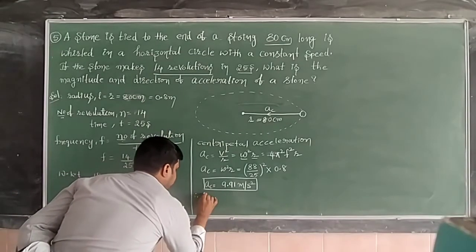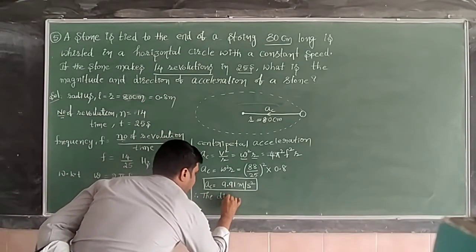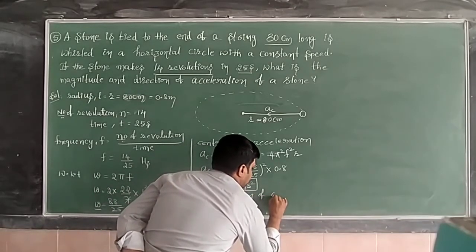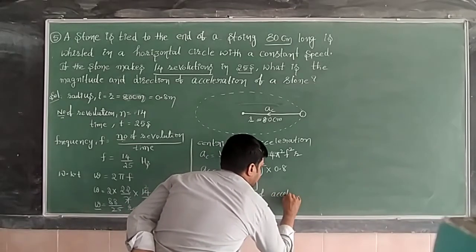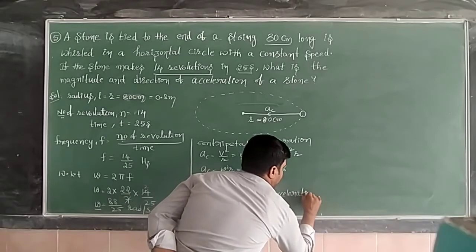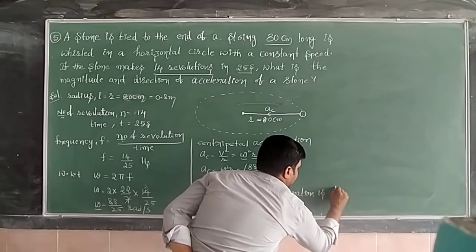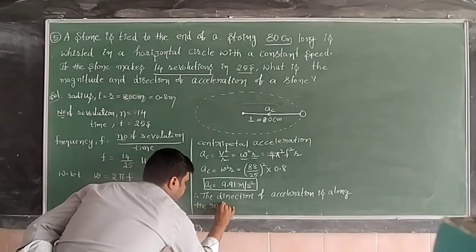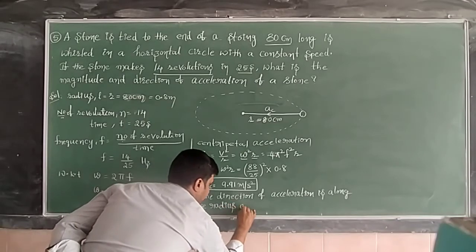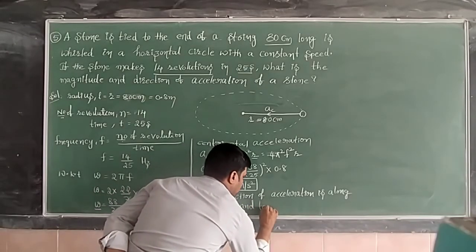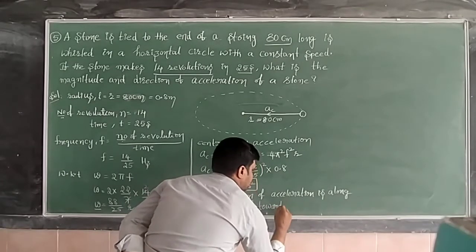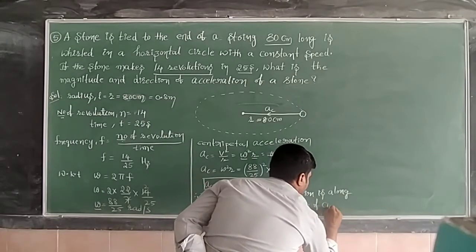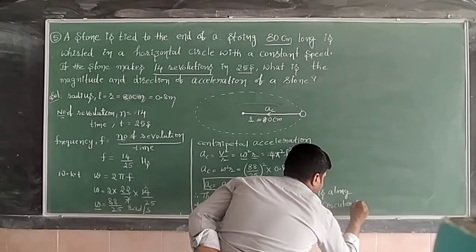Therefore the direction of acceleration is along the radius and towards the center of the circular path.